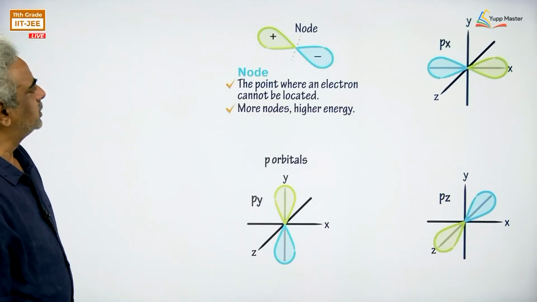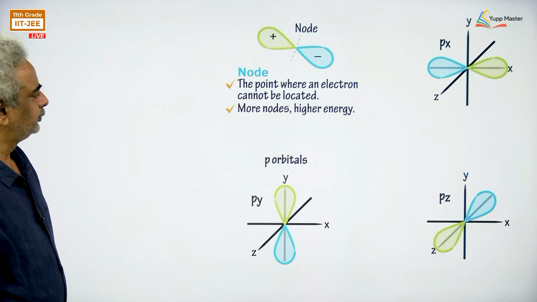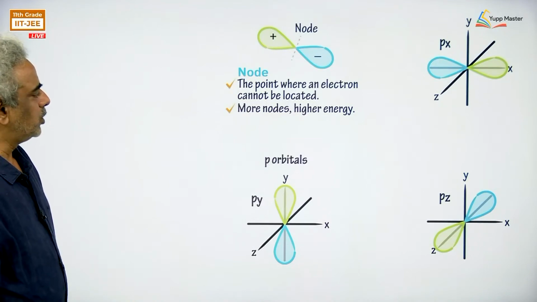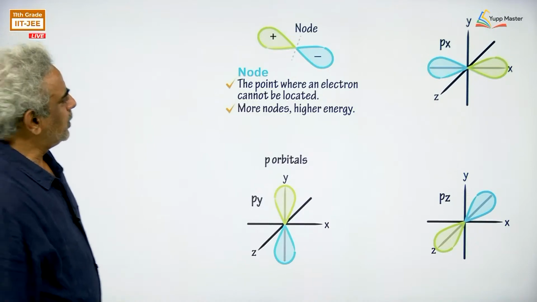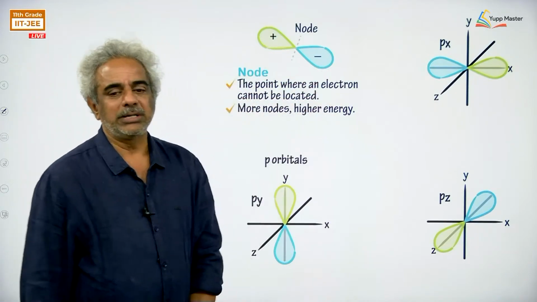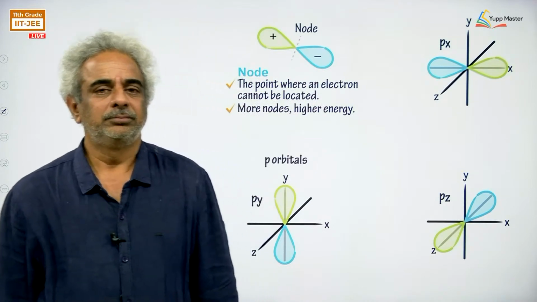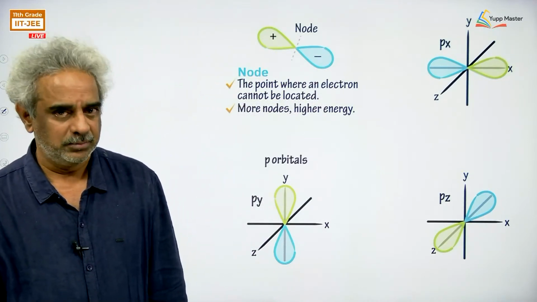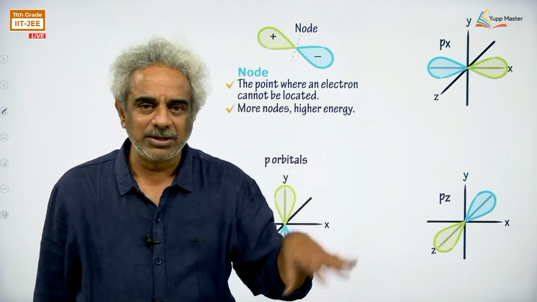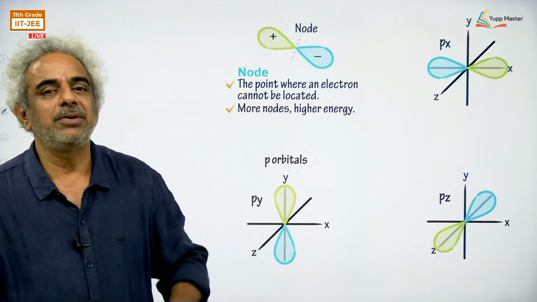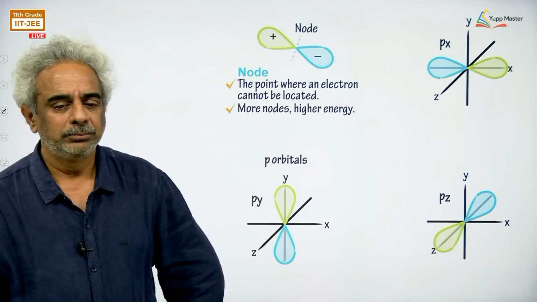P orbitals. See, there is a node. More the nodes, higher the energy. So what do you mean by this plus and minus? Don't think it is any charge or anything. It is only wave function sign, positive sign and negative sign. Don't think it is a positive charge or negative. After all, it is a region where electron spends more time.